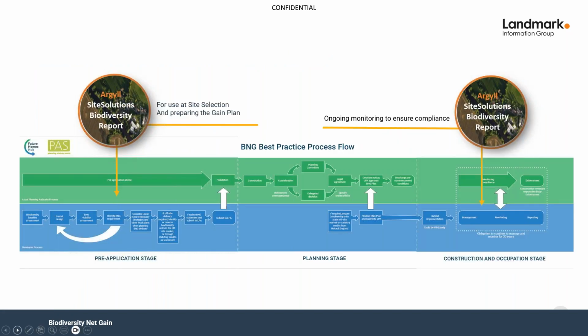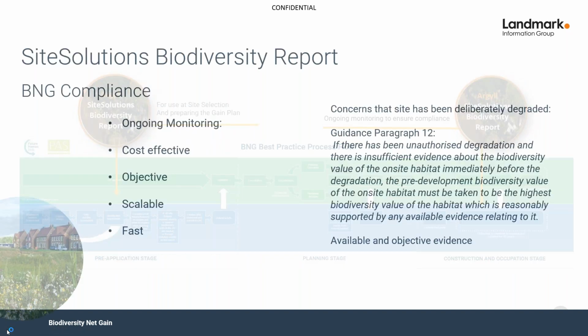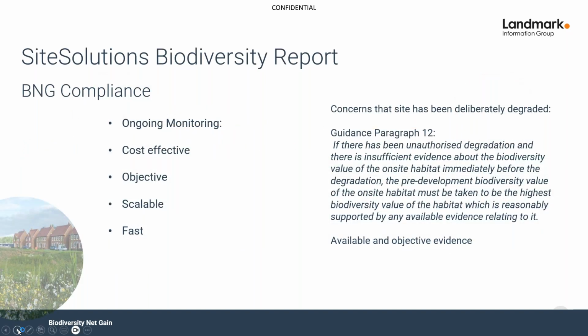There's also the point on the left on the previous slide. It's worth noting that we've heard some concerns around sites being deliberately degraded since the Environment Act was passed now 3 or so years ago.